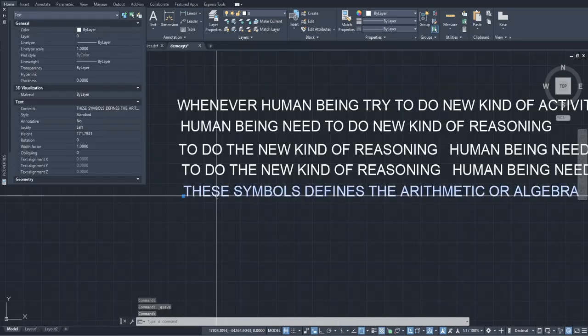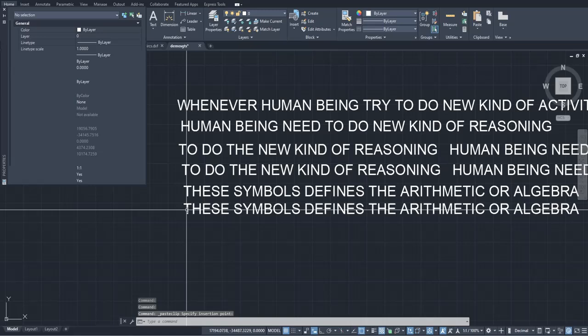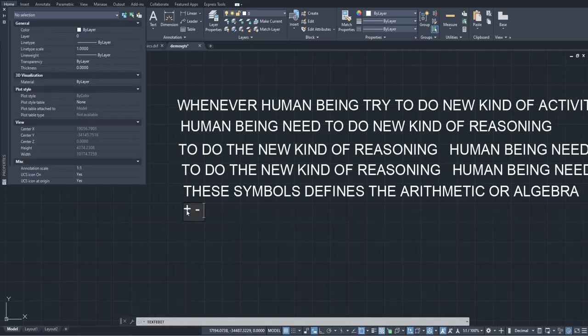And when the new symbols came, like plus, minus, divide, is equal to, and several symbols like integration, differentiation, and vector symbols, they were finalized and defined during 1460 to now.